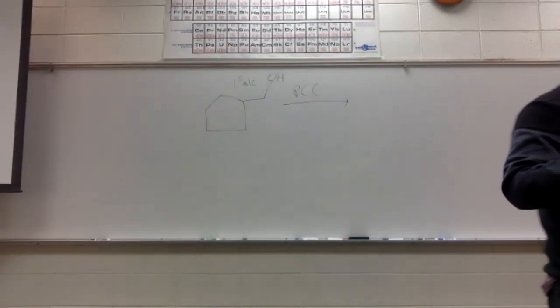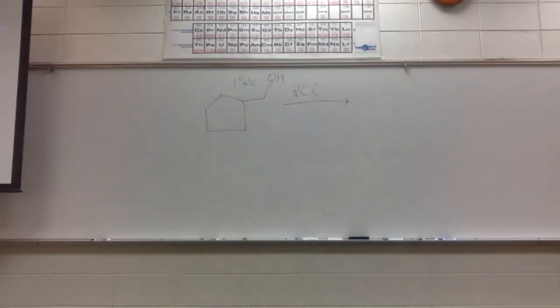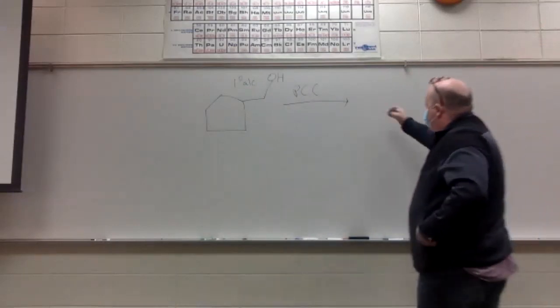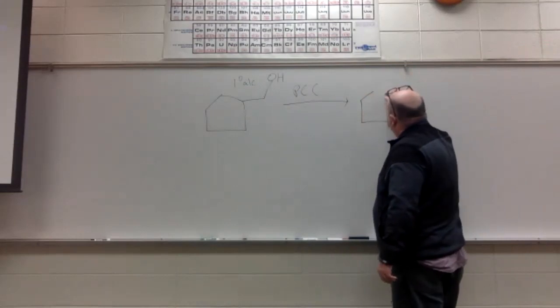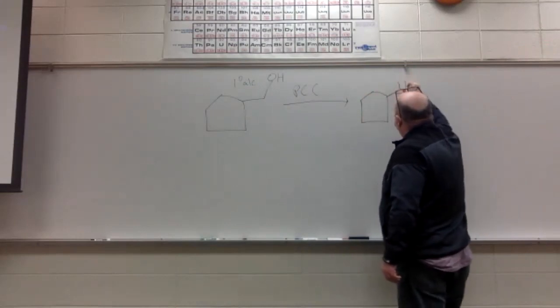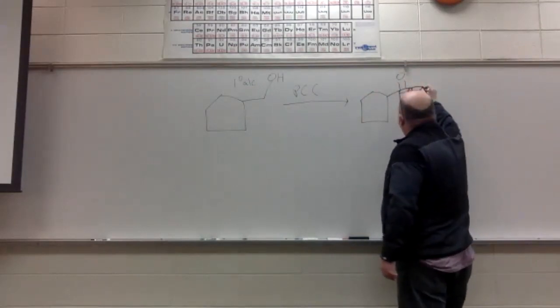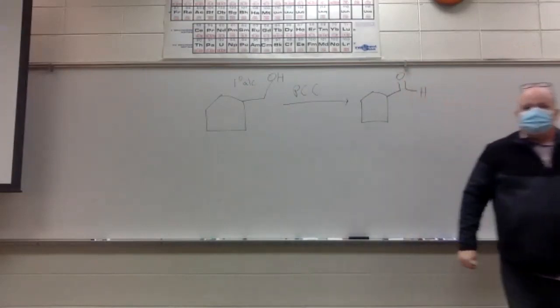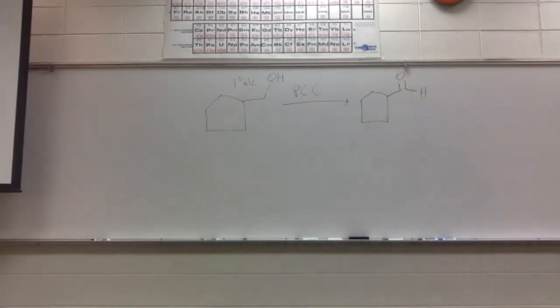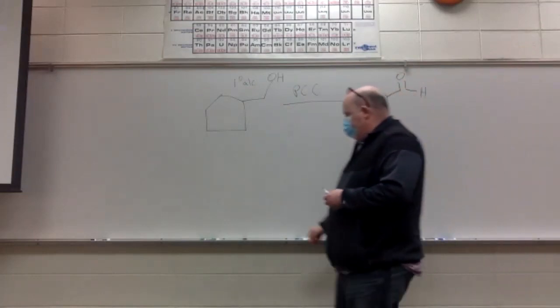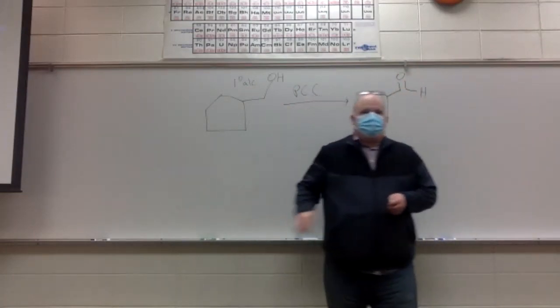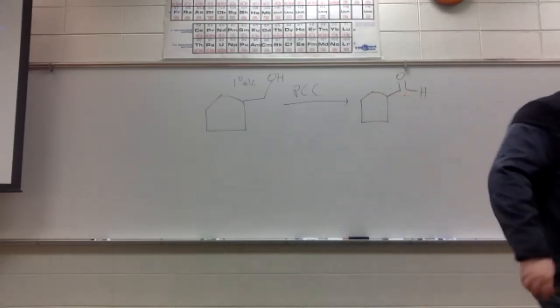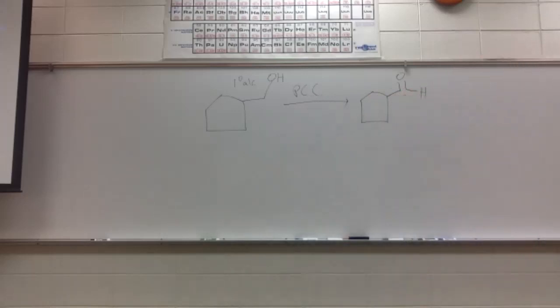If you have a weak oxidizing agent, they oxidize to an aldehyde. And that's what this one does. PCC is the go-to weak oxidizer. In fact, I think it's the only one that we've talked about with regard to alcohols. So that can sort of help guide you.